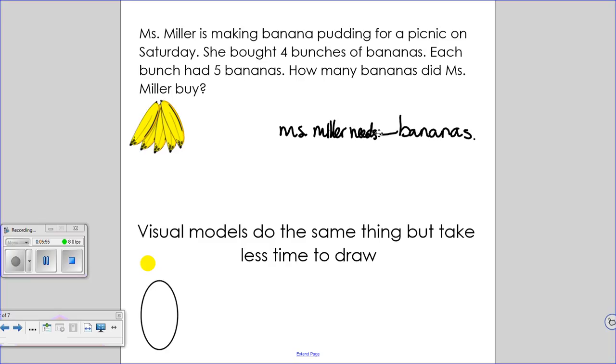Because remember, my question is, how many bananas did Miss Miller buy? Then my answer would be Miss Miller, instead of needs, maybe bought. Bought blank bananas. Okay?